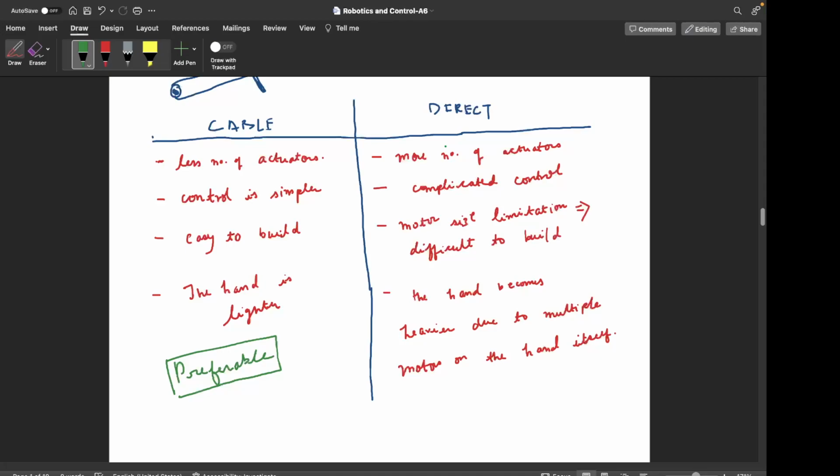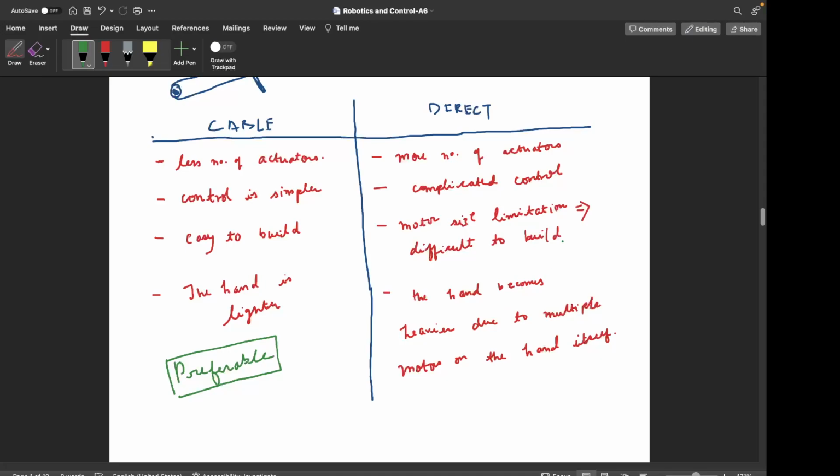The advantage is that in direct driven there would be very little transmission loss, right? In the cable driven, the source is somewhere, and the cable is transmitting the power to the links away from it, so there would be some losses in the transmission. In the direct driven, you are directly connecting the output shaft of the motor to the link, so it would be a more efficient way to power the link.